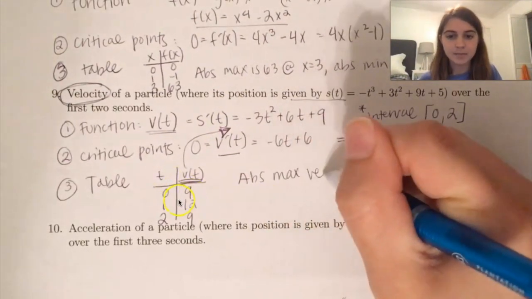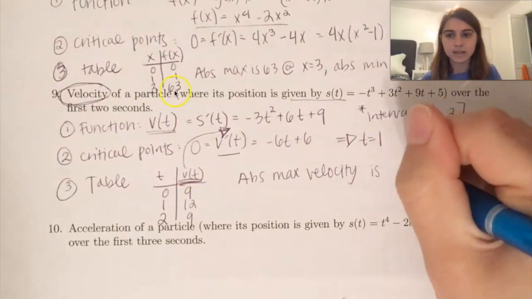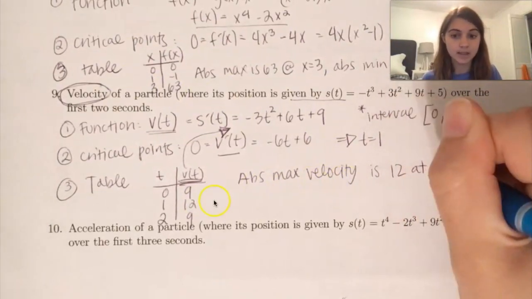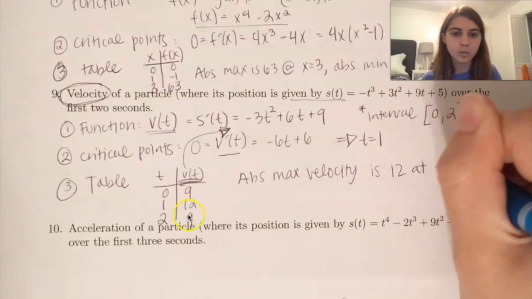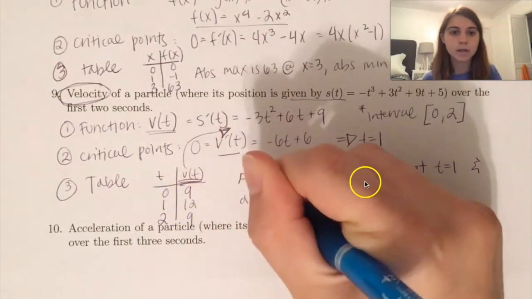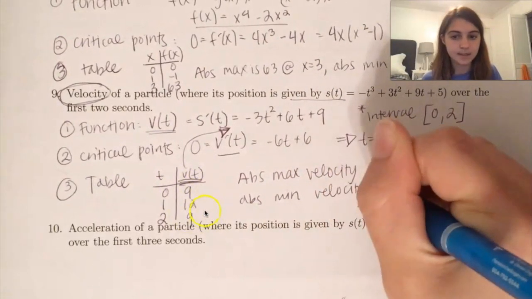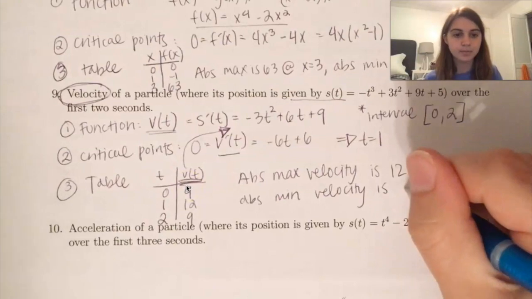So our absolute maximum value, since this is a velocity question, we can say our absolute maximum velocity, that is the y value here, is 12, and it occurs at t equals 1. And our absolute minimum velocity, since these two are the same, they are both the absolute minimum velocity.